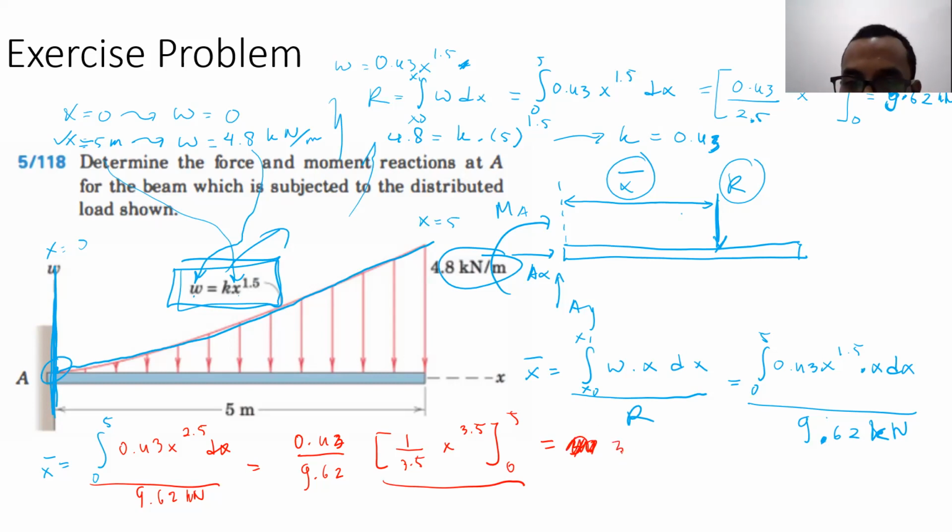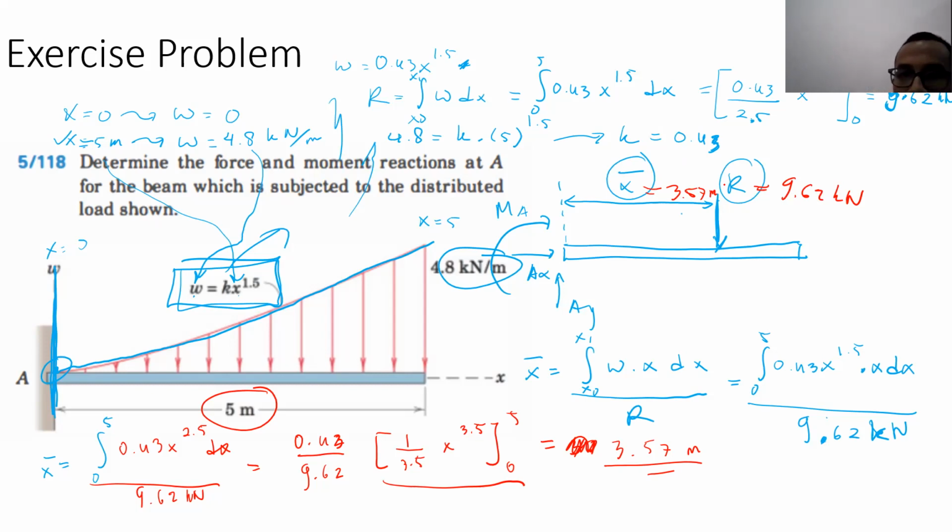That's logical. 3.57 meters. 34 is not logical because the value is supposed to be between 0 and 5, right? Oh, yeah. 3.57 meters. Okay. So this is it. Our R value here is equal to 9.62 kilonewton. Our x bar here is equal to 3.57 meters.